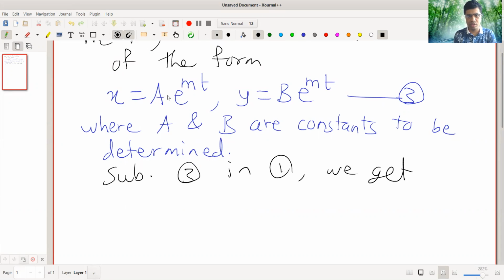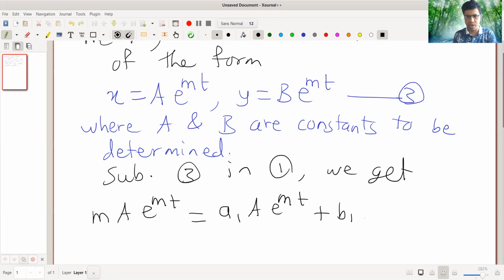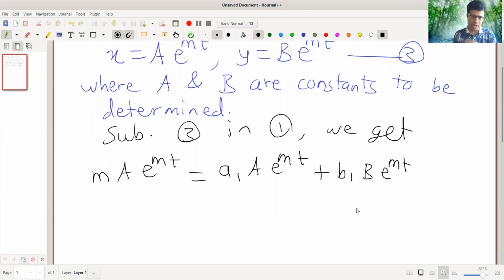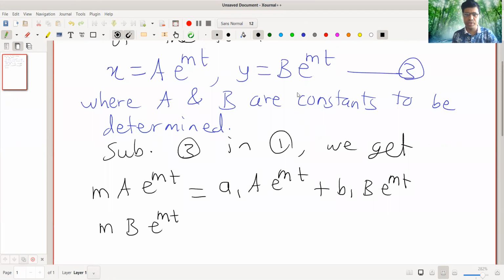Okay, so here a and m are constants, so we have m into a e raised to mt, dx by dt equal to a1x, so a1 into a e raised to mt plus b1y, b1y is b e raised to mt, and second equation is dy by dt. dy by dt is m b e raised to mt. Okay, so y is b e raised to mt. Differentiation is m into b e raised to mt equal to right hand side is a2 x.